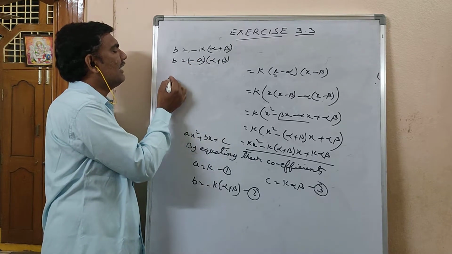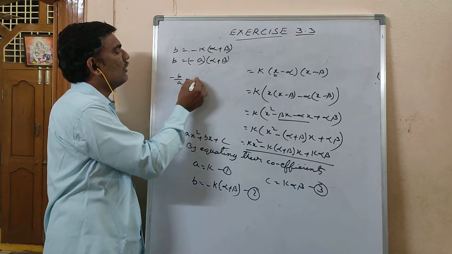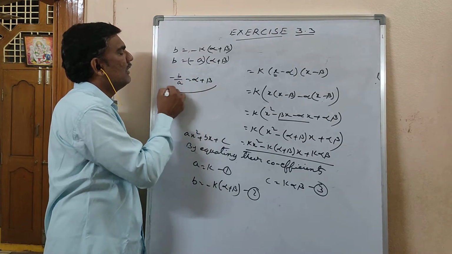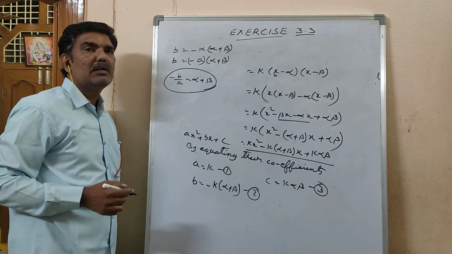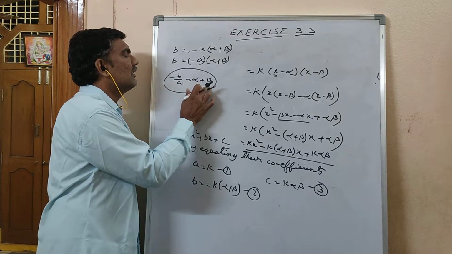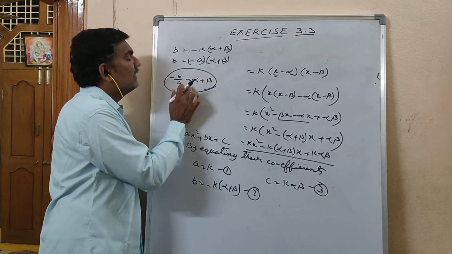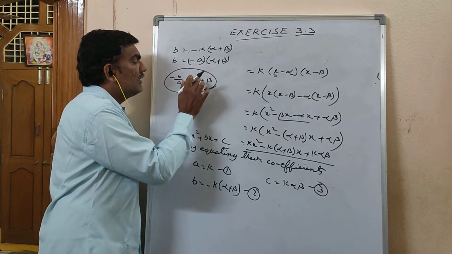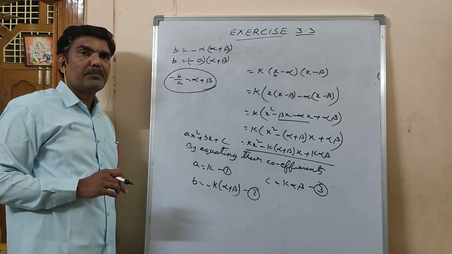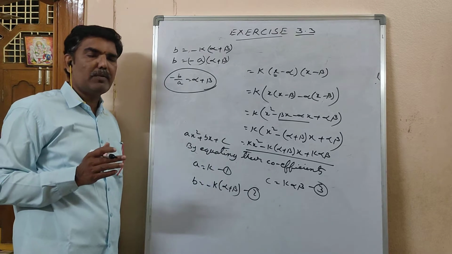If you take it to this side, it will divide. Minus b by a is equal to alpha plus beta. This is the formula, the sum of the zeros. These are zeros, these are coefficients. This is the relation between zeros and coefficients. For a quadratic polynomial, what is the formula for the sum of zeros?